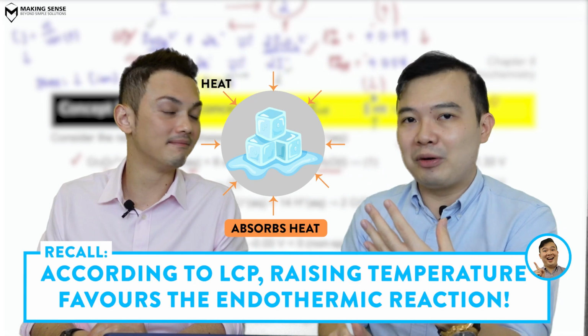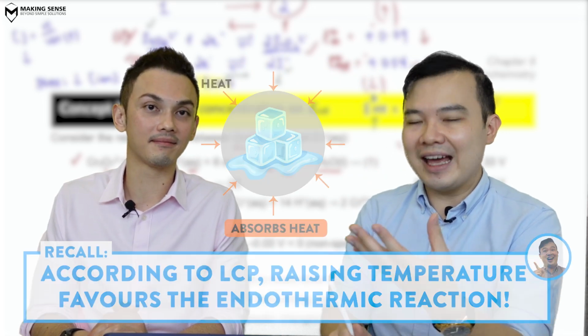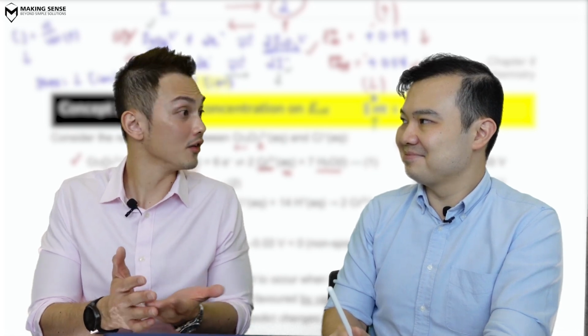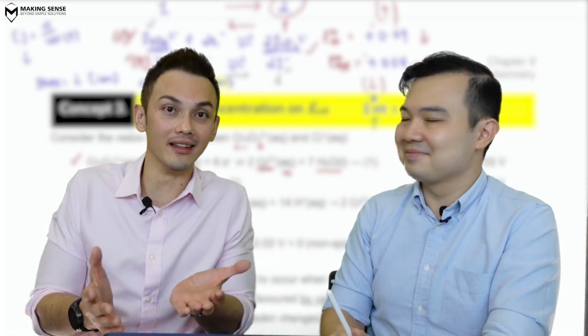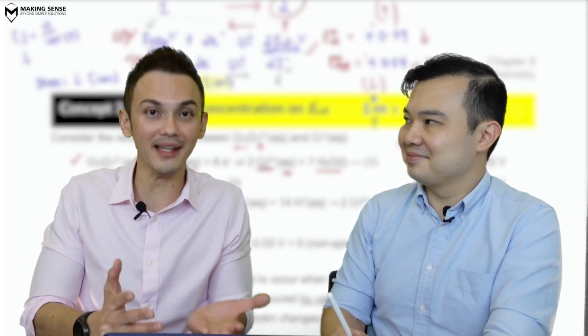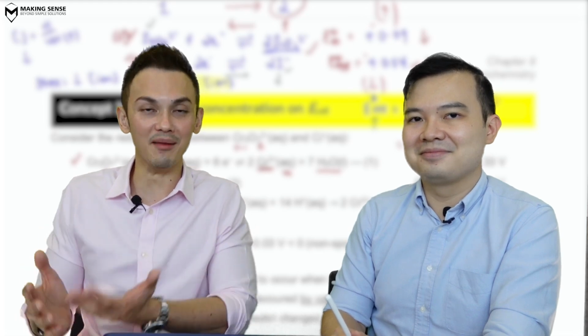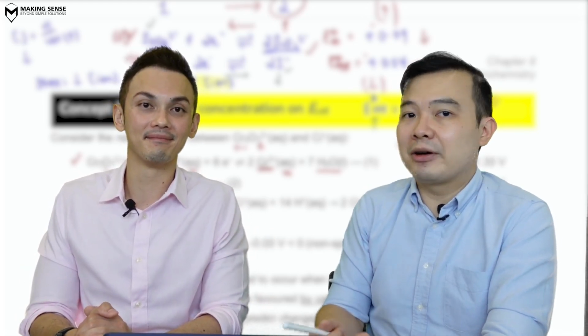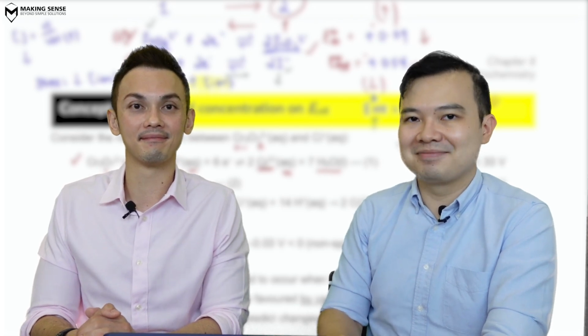So you have to see what kind of delta H your reaction will get, and then you just apply LCP accordingly. I think the problem with a lot of people is that because delta H is not given, they just didn't realize that the overall reaction could be endo or exo. But once you begin to realize that, then obviously changing the temperature is going to have an impact on the position of equilibrium. So everything from chemical equilibrium will just come in handy here.